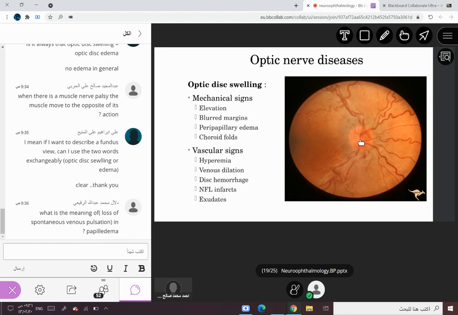Loss of spontaneous venous pulsation. As you know, 20 to 25 to 30% of people, when you examine their fundus and their disc, you will see the venous pulsation. It is normal.